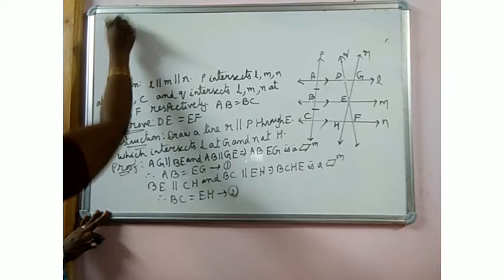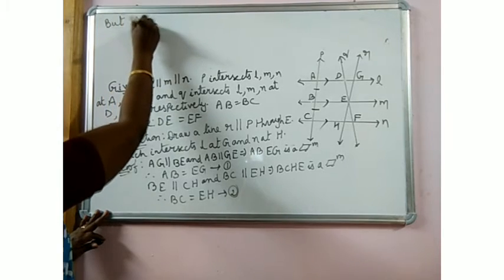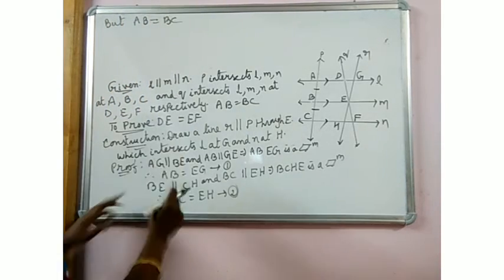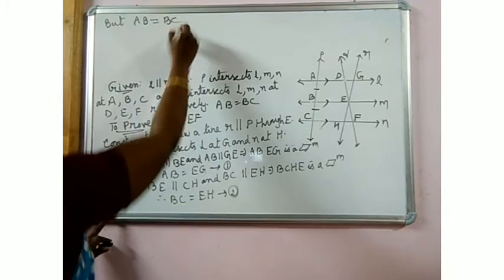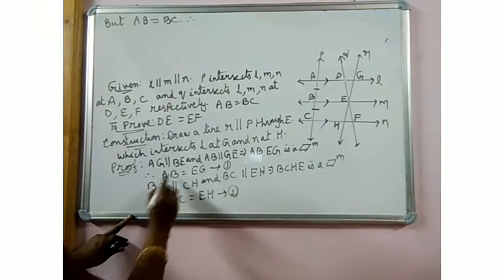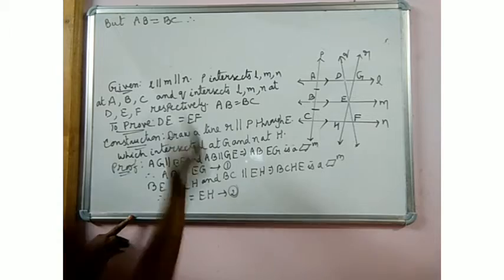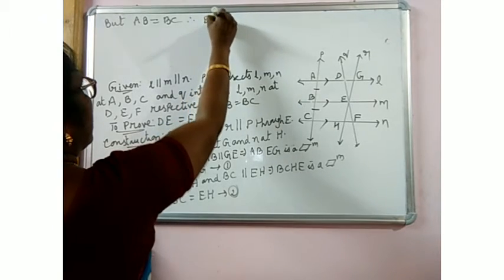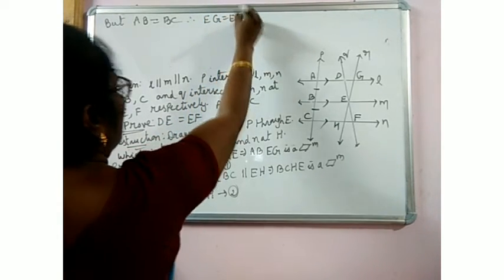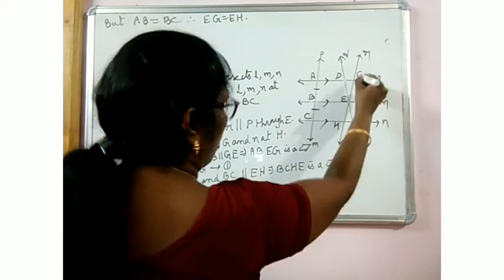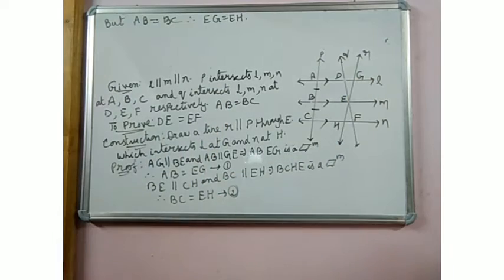AB is equal to BC is given. Therefore, if AB is equal to BC, EZ equals EH. Now we got EZ equal to EH.